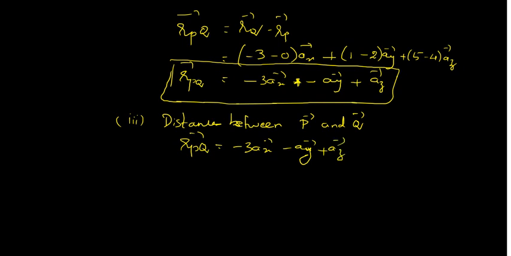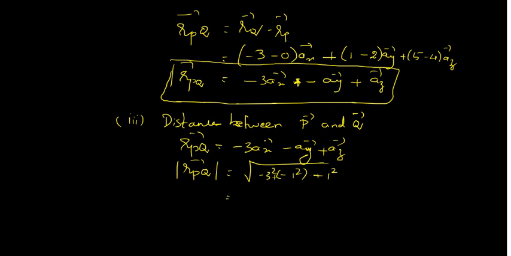So modulus of RPQ is equal to square root of minus 3 square plus minus 1 square plus 1 square.